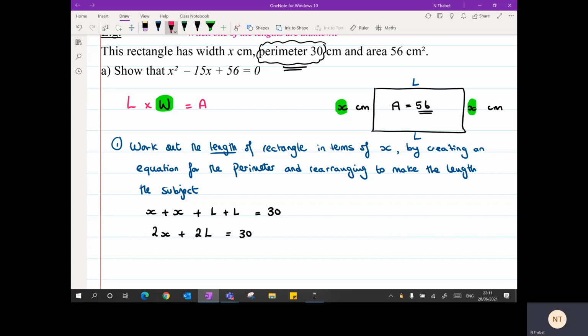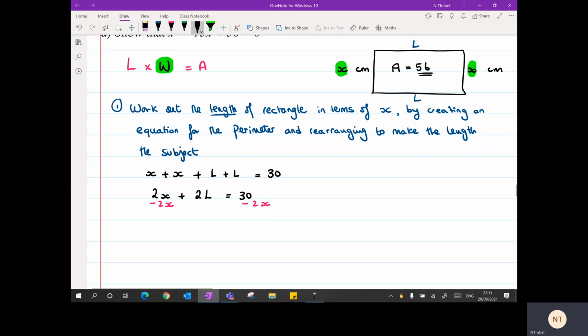Let's rearrange this. I'm going to take away the 2x from both sides because I want to make the length the subject. So this is 2L equals 30 minus 2x, but I don't want 2 lengths, I want 1 length. So I'm dividing by 2, which means I'm dividing everything by 2. So here I have 1 length is actually 15 minus x.